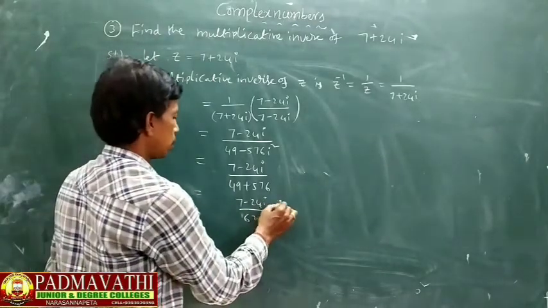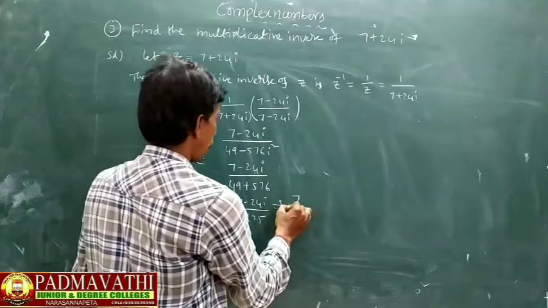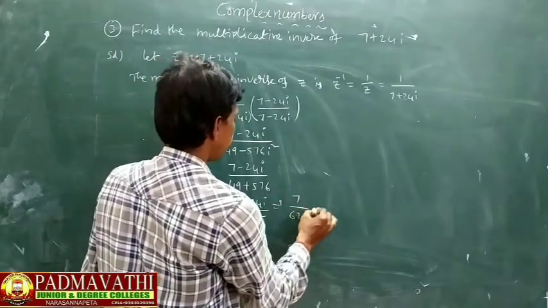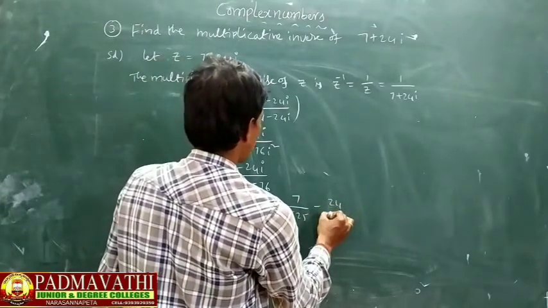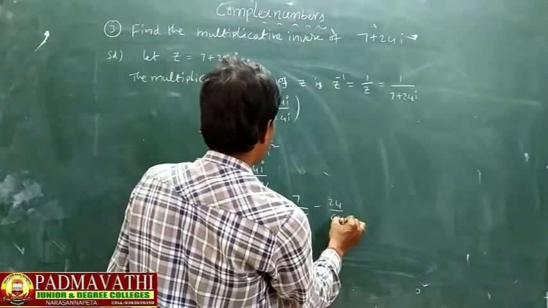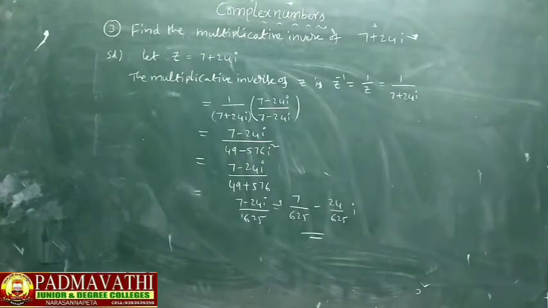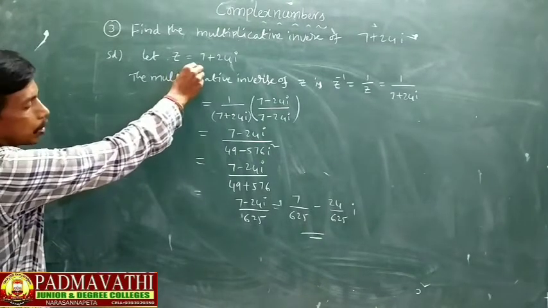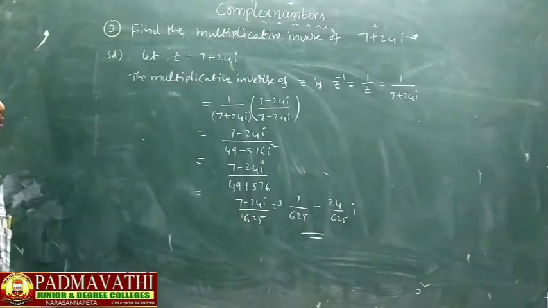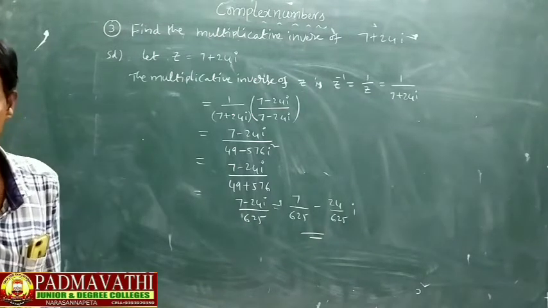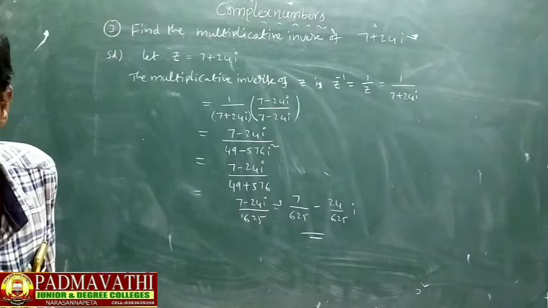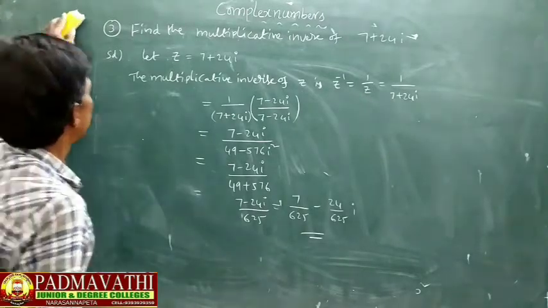So the real part is 7 by 625 minus 24 by 625i. It is the multiplicative inverse of the given complex number, 7 by 625 minus 24 by 625i. Now next problem, example.